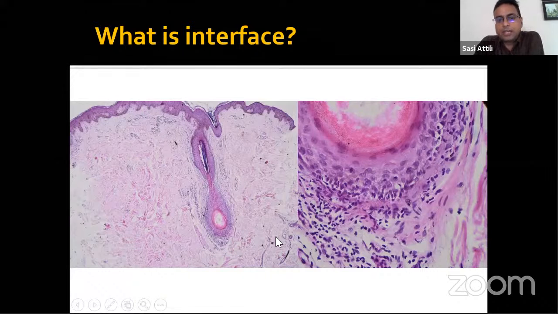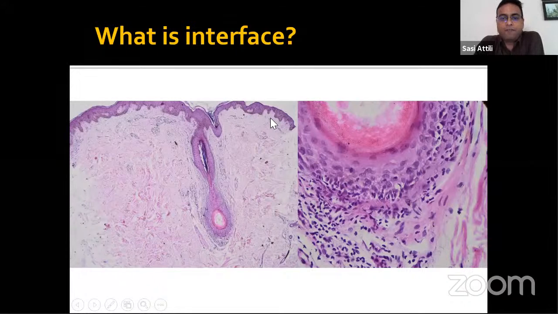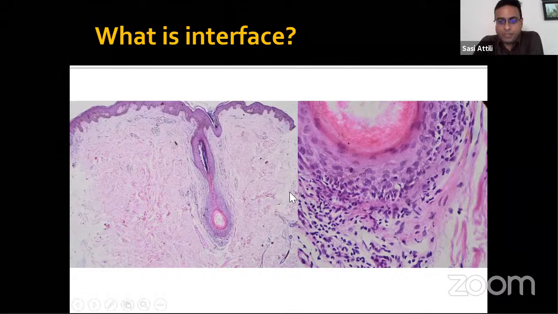It extends down the eccrine glands as well. So the dermo-epidermal junction at the level of the skin at the epidermis and along the adnexa, the entire area is called the interface. Any inflammatory condition affecting this particular interface is called an interface dermatitis.